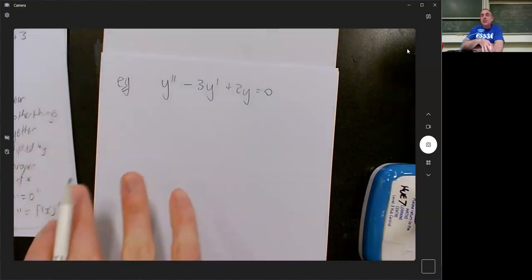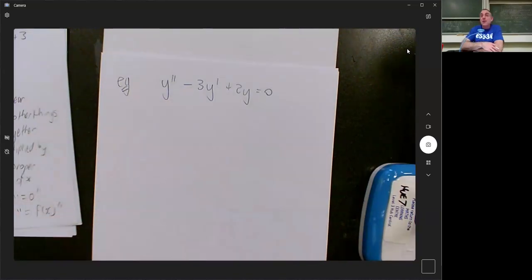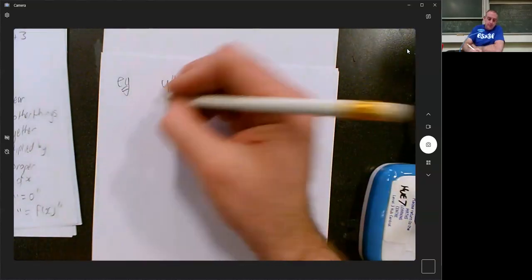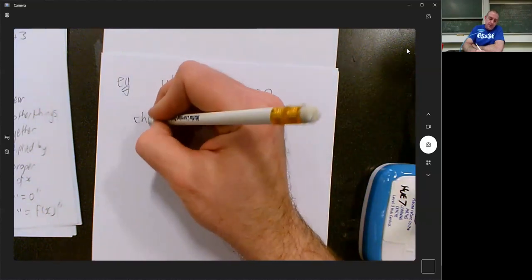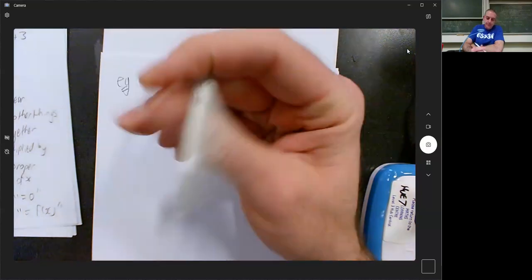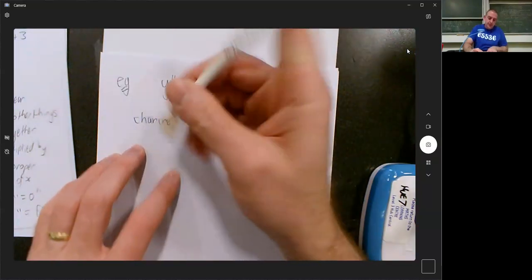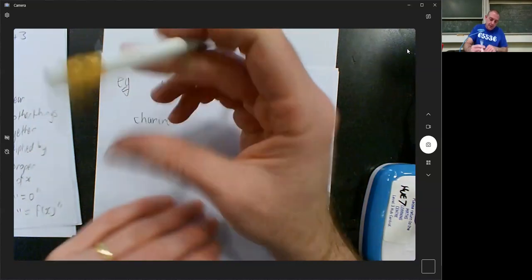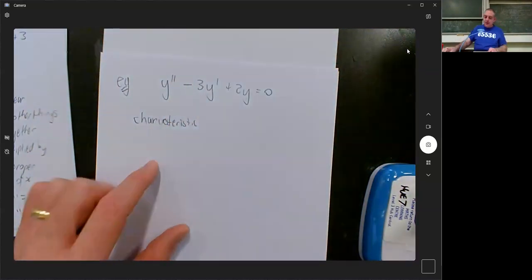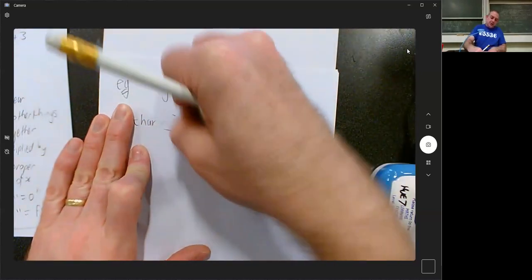So I don't have to actually write down the bit where I suppose y is equal to e to the lambda x. It's useful to know that it's there because that explains the presence of the e to the something x in all the answers. That's why it's there. So I will have to tell people that I'm going to do the characteristic. Do you know what? It's okay to just call it char.